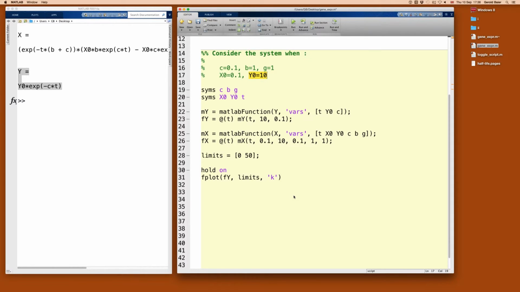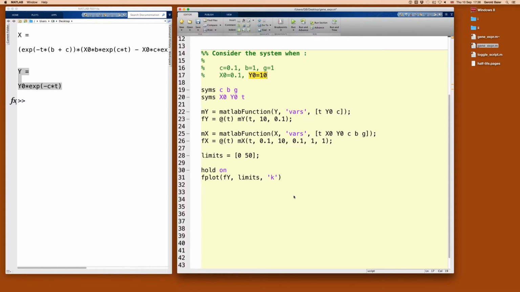And we know it's a temporal evolution, of course, if we know what an exponential function looks like that starts at 10 and then decays with minus c times t. So I think it's unlikely that this function is ever going to grow because of this minus in the solution.